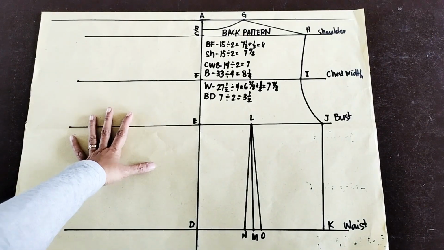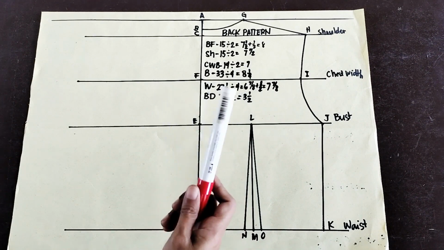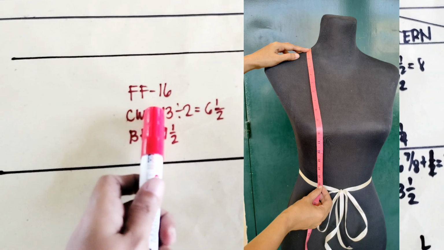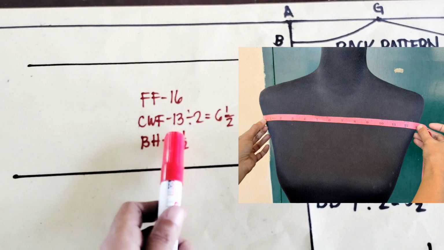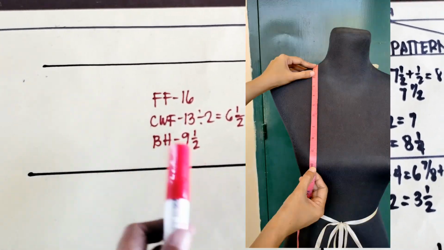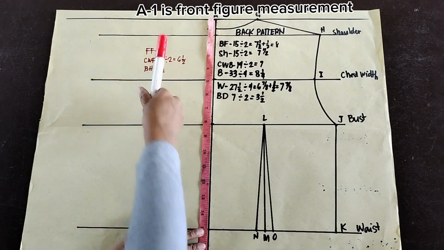Here, let us draft the front bodice pattern. I'll be using a red marker to see the difference, and the measurements needed are front figure, sample measurement is 16, chest width front, 13 divided by 2 is 6.5, and bust height is 9.5. A to point 1 is front figure measurement.